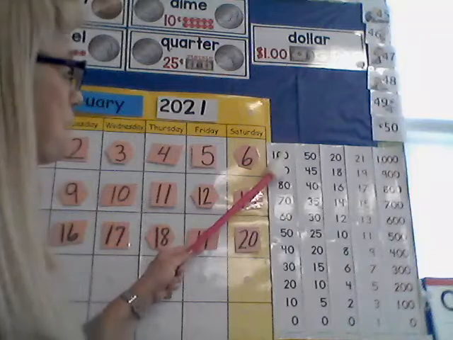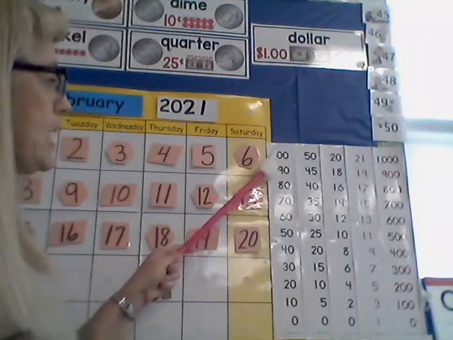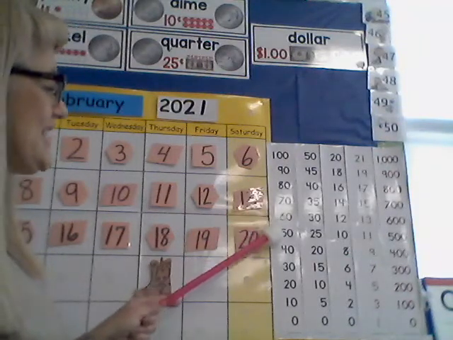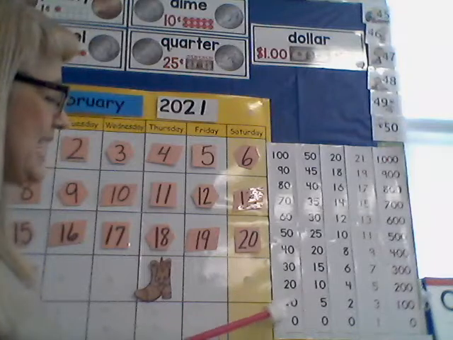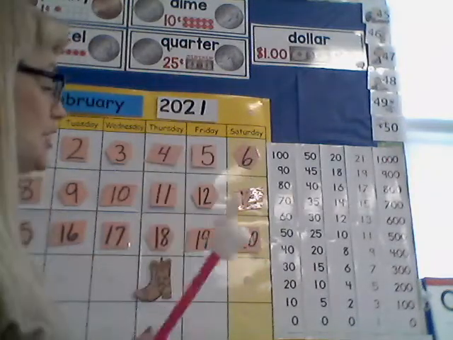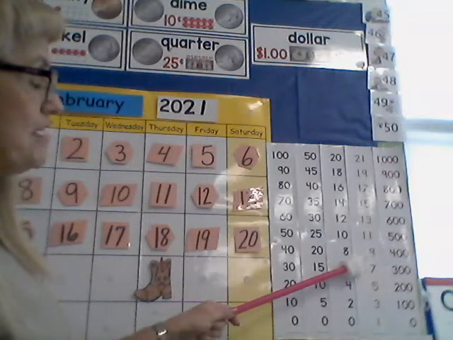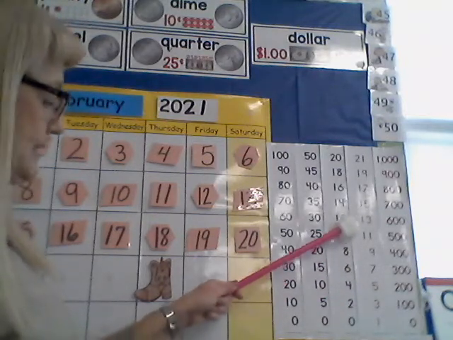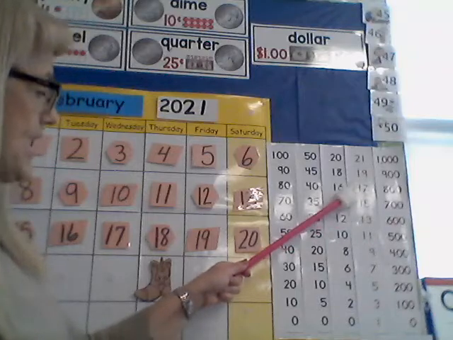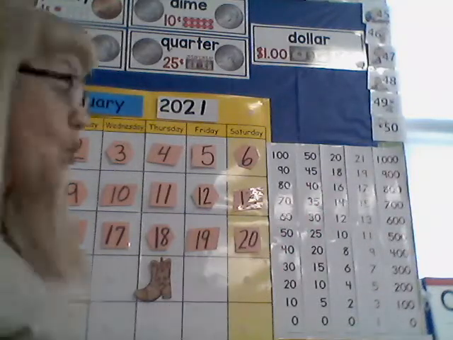Let's go ahead and go back from tens. 100, 90, 80, 70, 60, 50, 40, 30, 20, 10, 0. Great job. Odds. 1, 3, 5, 7, 9, 11, 13, 15, 17, 19, 21.